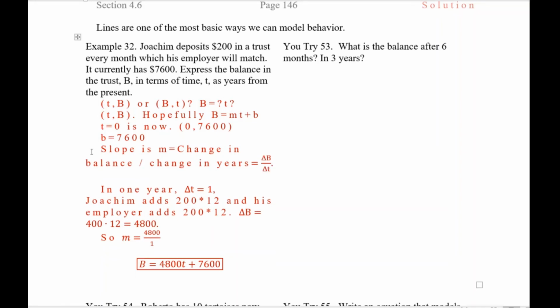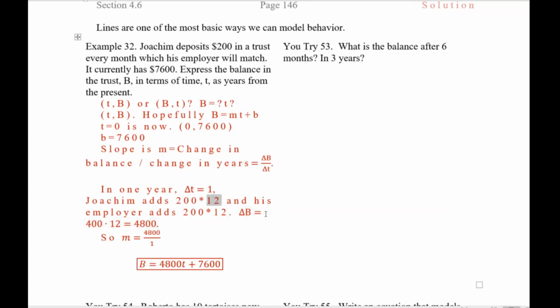Slope is defined to be the change in the second coordinate divided by the change in the first coordinate, or m equals change in the balance divided by the change in years. In 1 year's time, so I move to the right one, how much will the balance change? I know that Joachim adds $200 every month, so that means that he would have added 200 times 12, and his employer also adds the same amount.